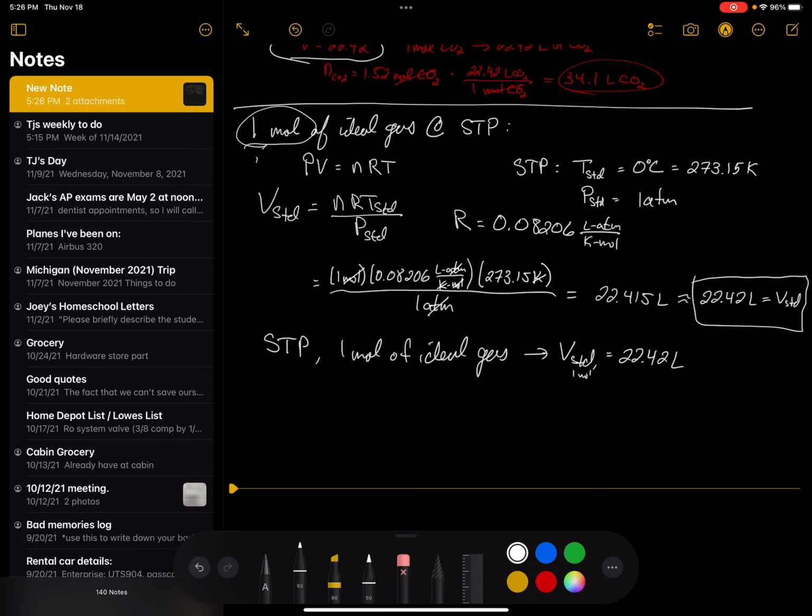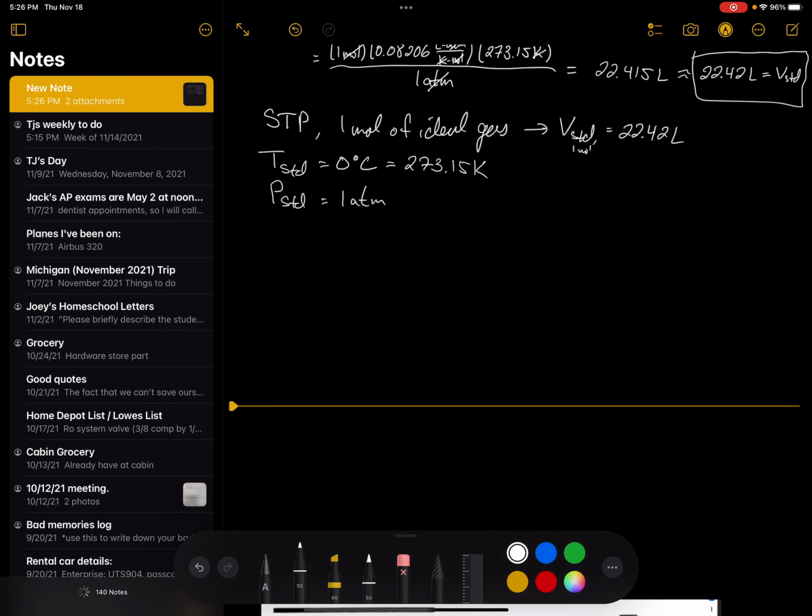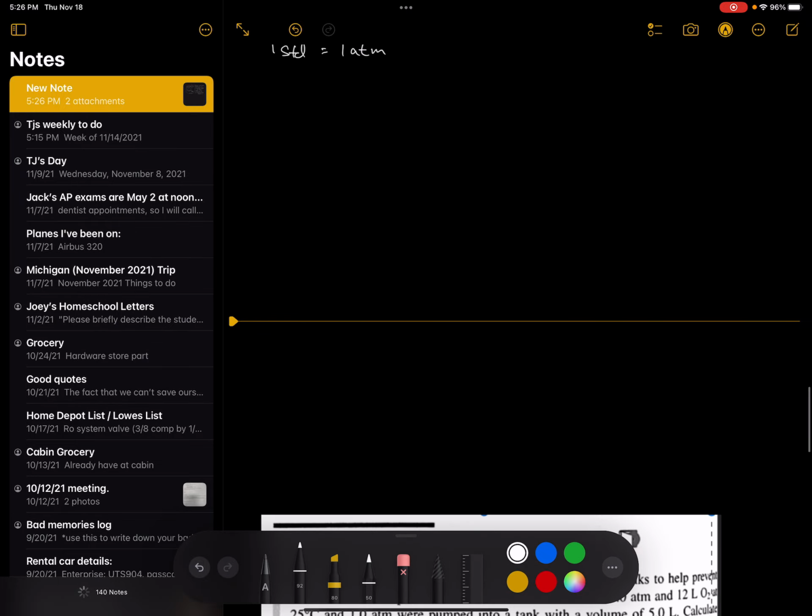And of course, standard temperature is always 0 degrees C, regardless of how many moles you have, because the temperature of a substance does not depend on the number of moles in that substance. And likewise, the standard pressure is 1 atmosphere, again independent of the number of moles.